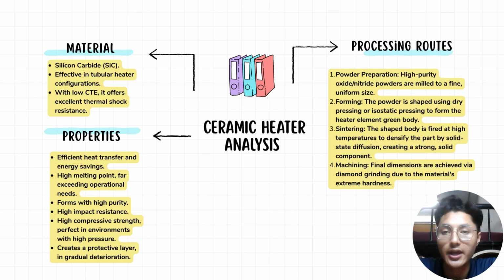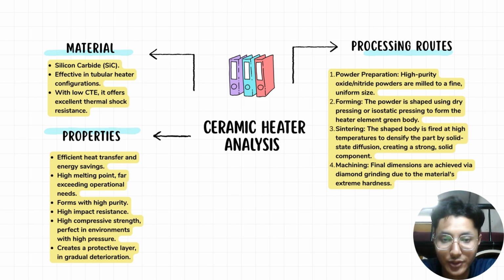Second, it has a high melting point due to the covalent bond that has a diamond shape arrangement. Moreover, it has high compressive strength, about 300 megapascal, which is suitable for environments like high pressure. And lastly, it creates a protective layer for oxidation resistance.